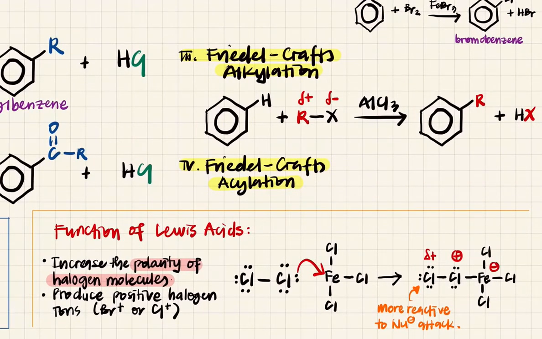Alright. Here is the function of Lewis acid. So Lewis acids ni you will use, okay, because it can increase the polarity of your halogen molecule. Contohnya, you have ClCl here, okay. Kalau ClCl on its own, it is a non-polar molecule. But in the presence of FeCl3, your Lewis acid, you can form, okay, a positive charge halogen ion, Br plus atau Cl plus. So right here we are going to form a Cl plus, okay.